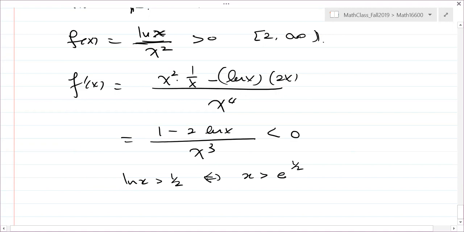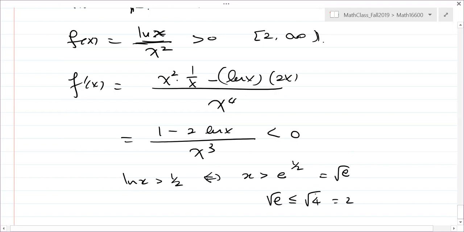And e to the 1/2 is the square root of e. Square root of e is less than 2. Why? Because square root of e is less than square root of 4, which is 2.